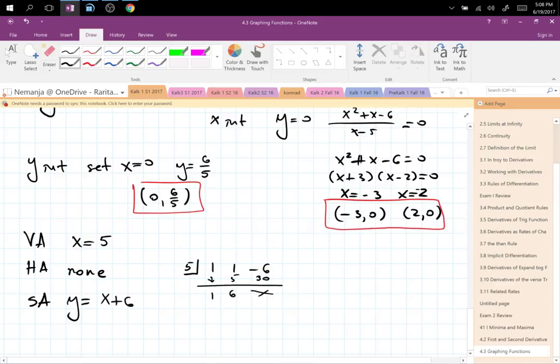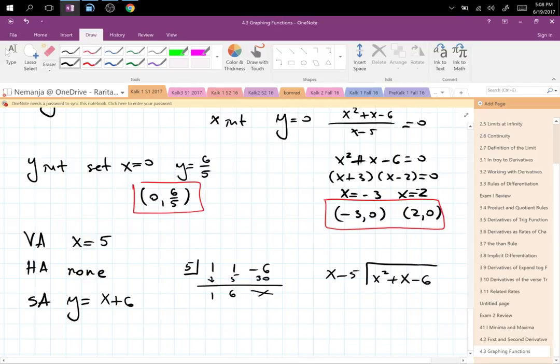Because if you don't remember synthetic division, you can always say x minus 5 divided into x squared plus x minus 6, and then solve it that way, because that is the one that everyone knows, because it's the same as the long division of numbers.